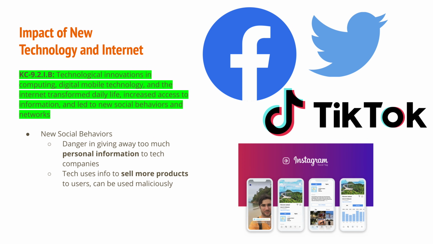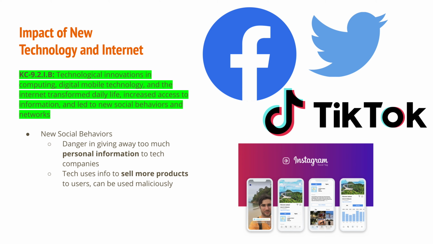All right, and as far as new social behaviors, there is a danger in giving away too much information through these new social media companies, Facebook, Twitter, TikTok, Instagram. All of them get personal information and demographic information on their users, their age, their sex, gender, their profession, their interest, and then they use that information to sell products to those people.